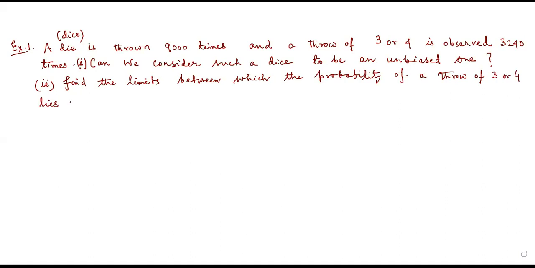What I'm going to do is analyze the given situation under the umbrella called hypothesis testing. I'm going to dissect the problem part by part, and I'm going to make you understand what is happening over here.